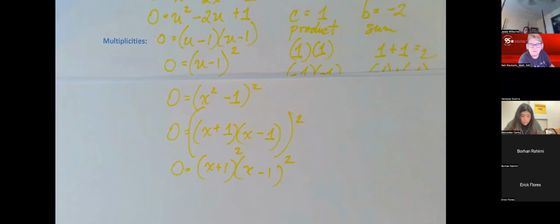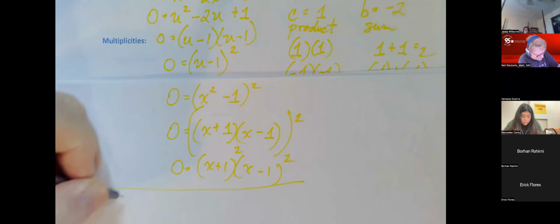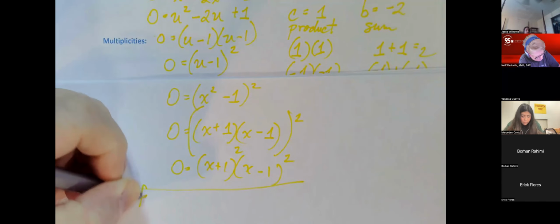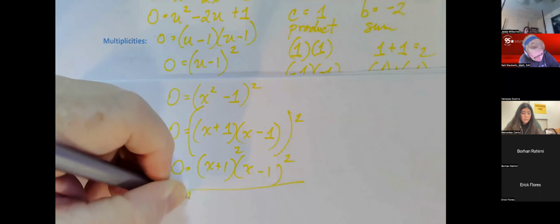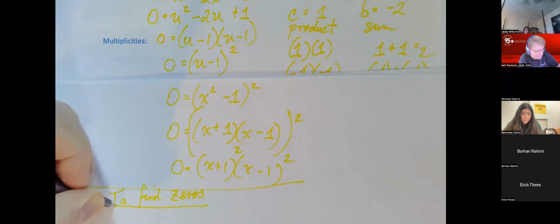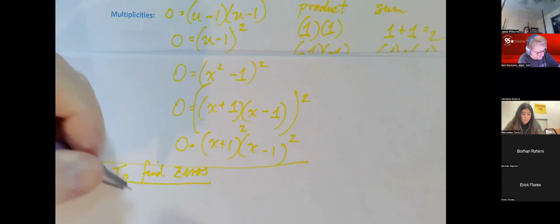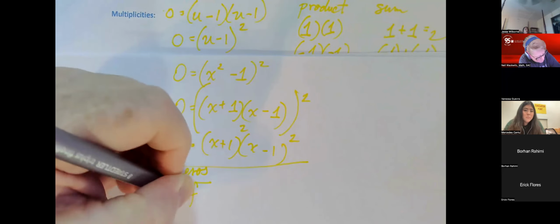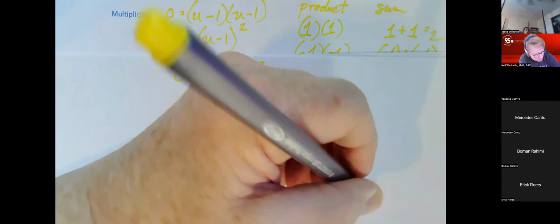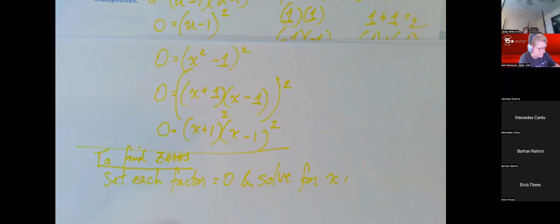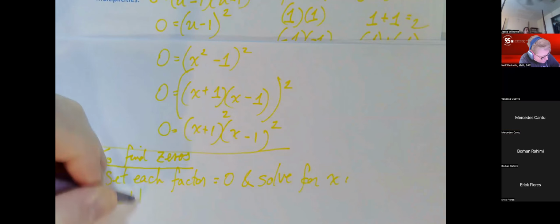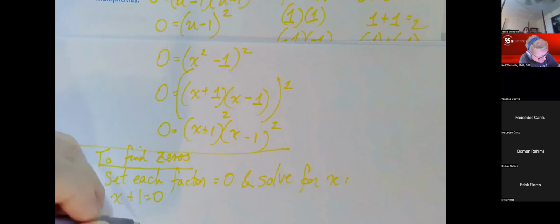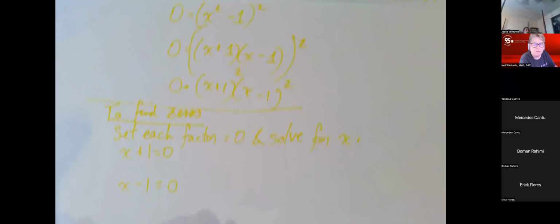So to find the zeros, now that we're factored, we're going to set each factor equal to 0 and solve for x. Okay, so we've got x plus 1 equals 0 and x minus 1 equals 0.